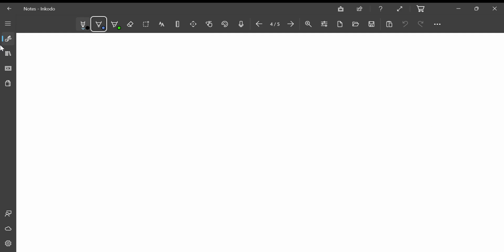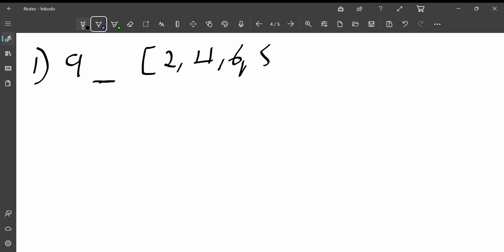So look at this question now. Question 1: you are given 9 ___ {2, 4, 6, 8, 10}. You are told to fill in the missing spot here.